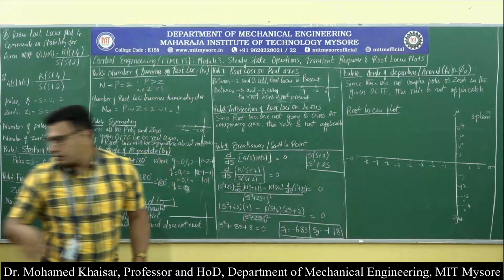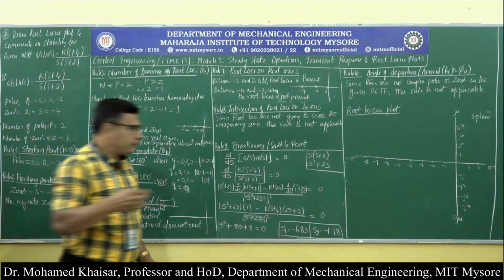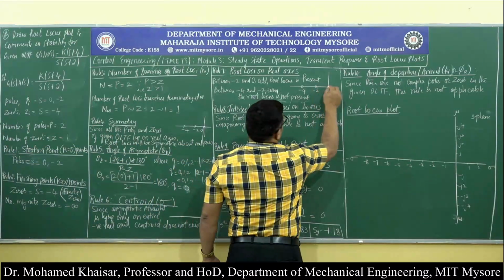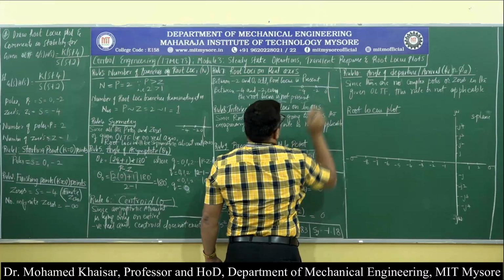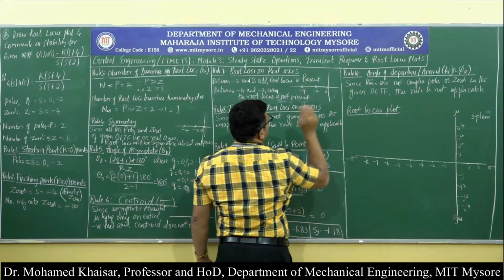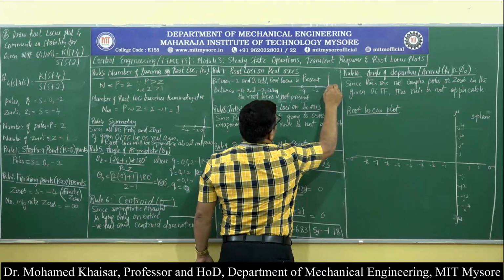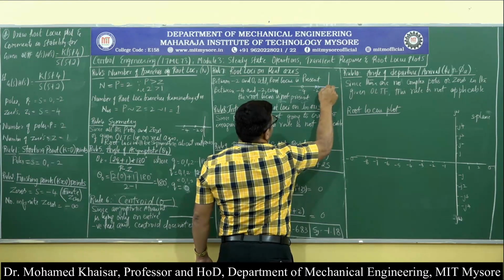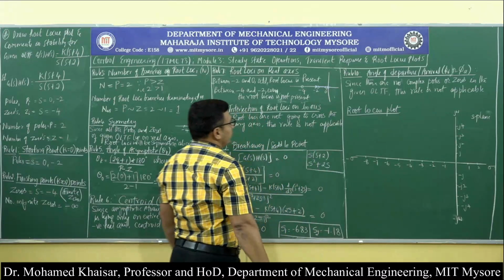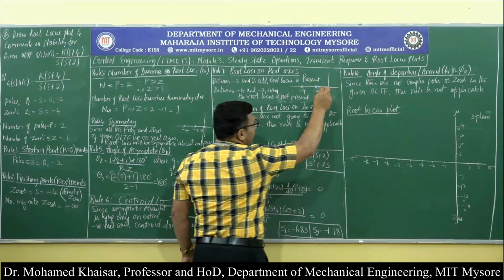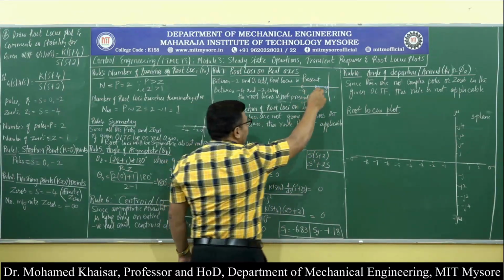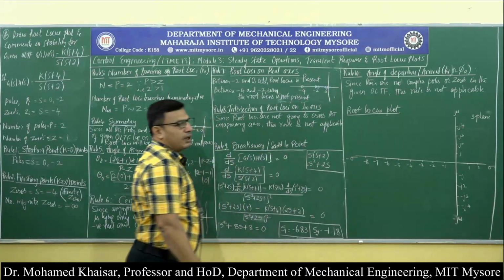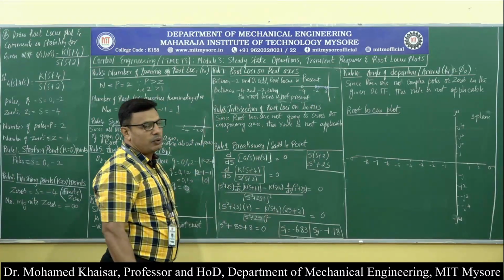So, if we just mark it over here, between -2 and 0, root locus will be present, and since these two are heading towards one another, because this is also a pole, this is also a pole, the root locus will be starting. So, obviously what we can say is breakaway point exists. This is one of the inferences we can draw from rule number 7.